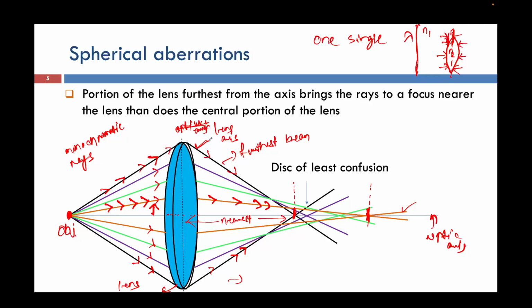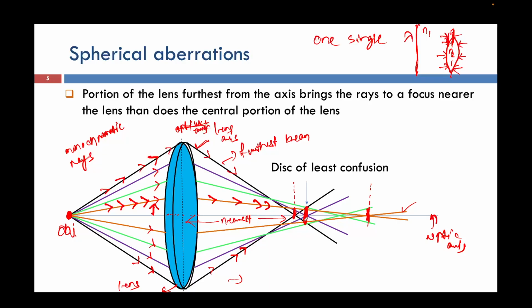So what do you want to do? You want to collect all the information from the object. If we want to collect all the information from the object, then we have to find a minimum between them, which will consist of all the beams coming from the object.